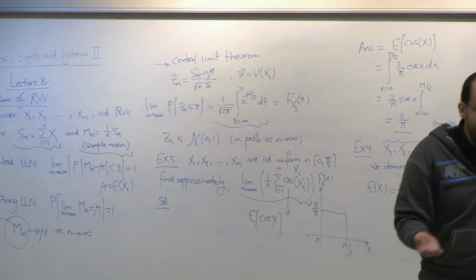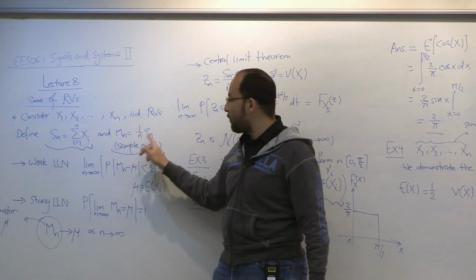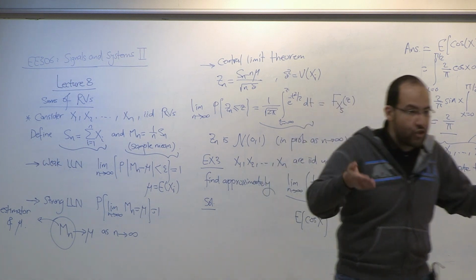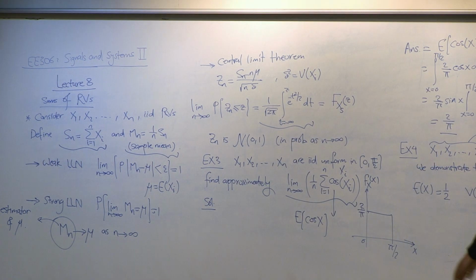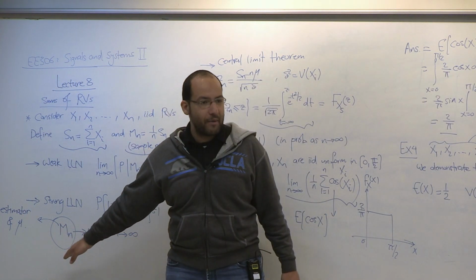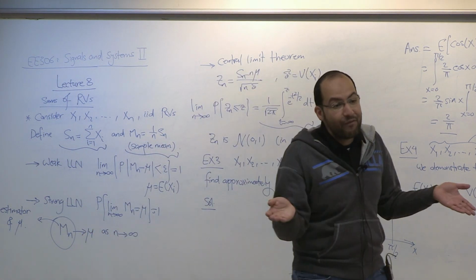Here you are not taking any expectation. This Mn is 1 over n summation of random variables. This is just a literal averaging, no multiplication by probability or anything here. And thus, this Mn is an estimator of the mean. You can estimate the mean through taking samples and averaging over them.